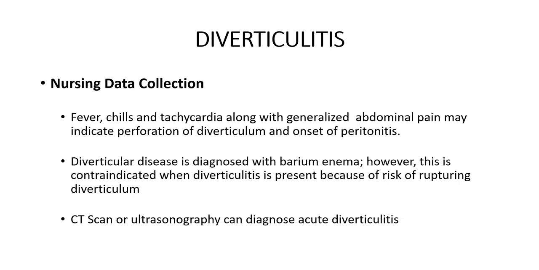All right, so what's going to happen is that for a barium enema, the amount of fluid for the enema is going to increase the pressure of the intestines and possibly make that diverticulitis now perforate. So even though it's a diagnostic tool, it's only for diverticular disease, meaning the diverticulosis.